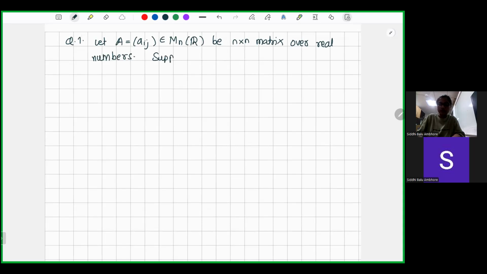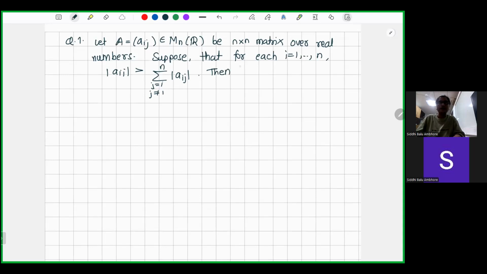Suppose that we have this condition: for each i from 1 to n, the modulus of the ith diagonal entry aii is greater than or equal to the summation of the rest of the entries in that row.